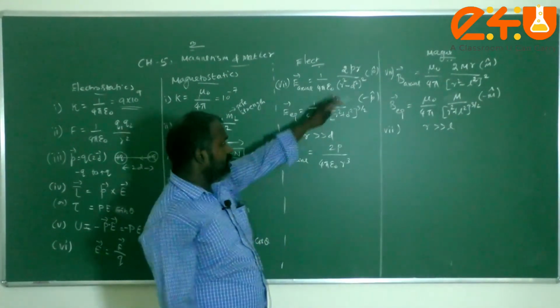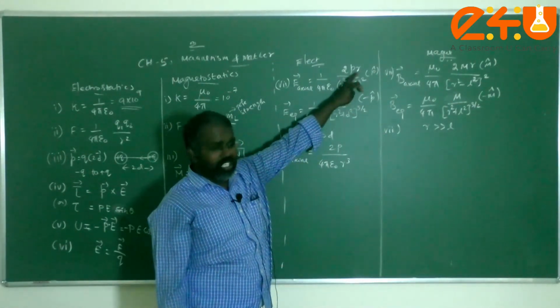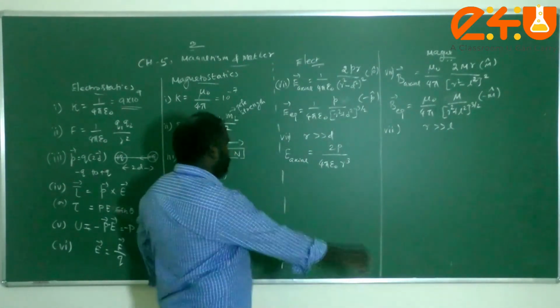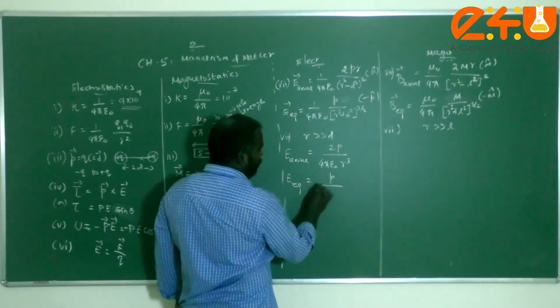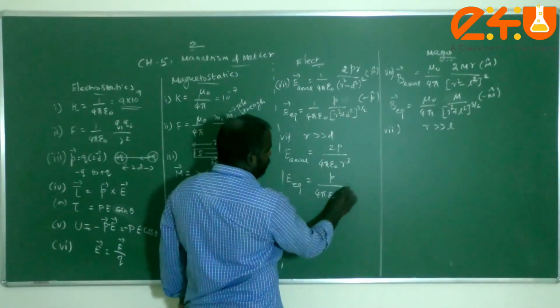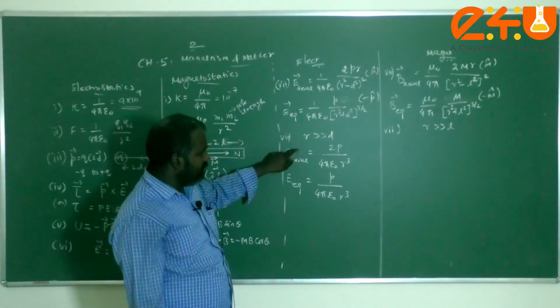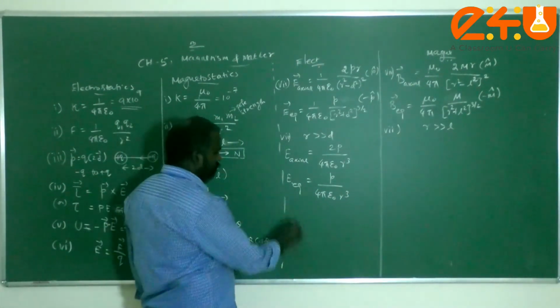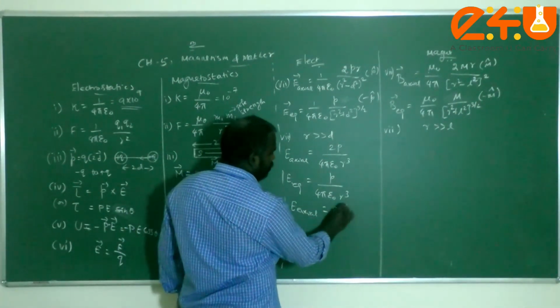The negligible terms get neglected, r power 4 gets cancelled, and r cube will come. Similarly, E equatorial is p divided by 4 pi epsilon naught r cube. By comparing this we can say that E axial is 2 times E equatorial.